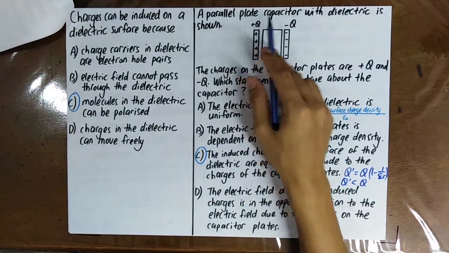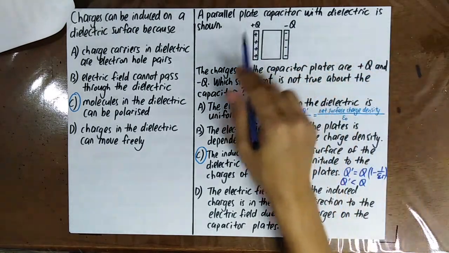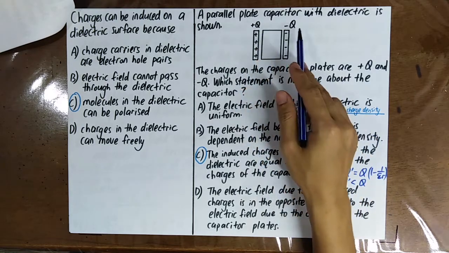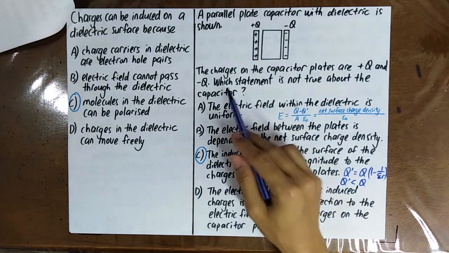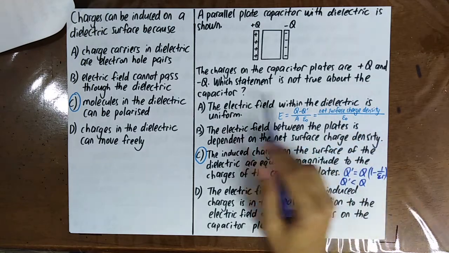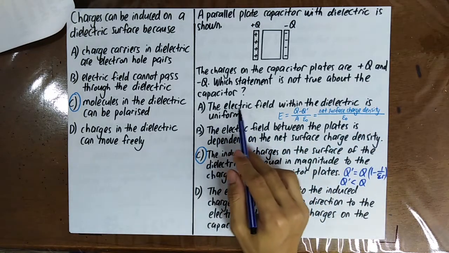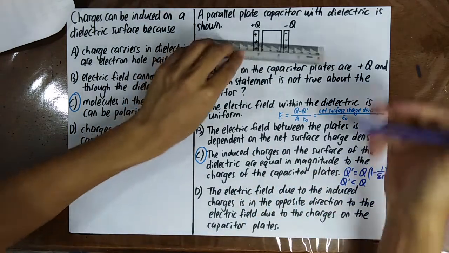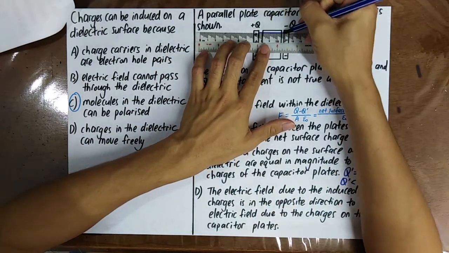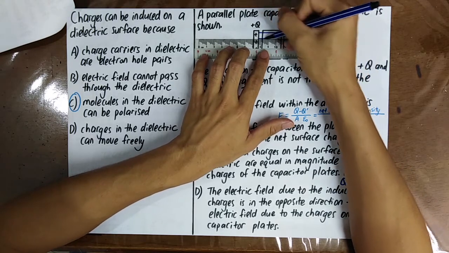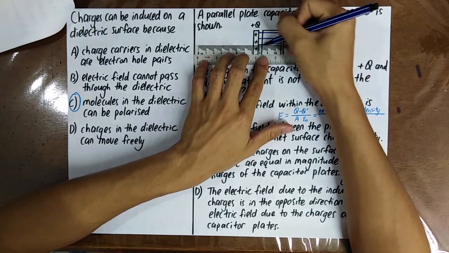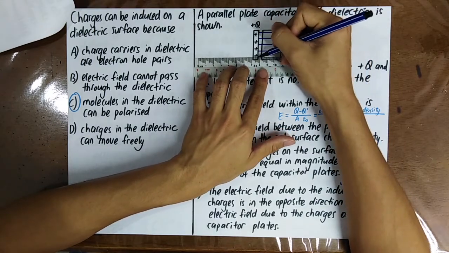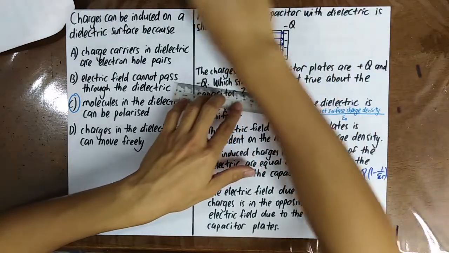A parallel plate capacitor with dielectric is shown. The charges on the capacitor plates are positive Q and negative Q respectively. Which statement is not true about the capacitor? The electric field within the dielectric is uniform. Okay, so now first, the original electric field can penetrate through the dielectric, and then when the electric field is penetrating the dielectric, you know that there is a reverse electric field.